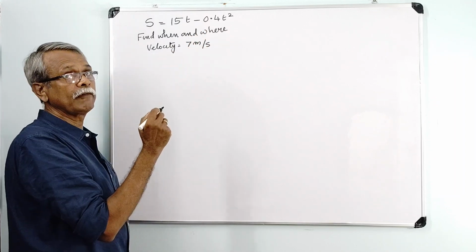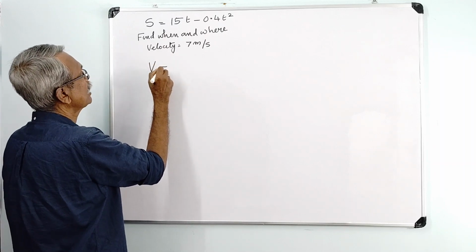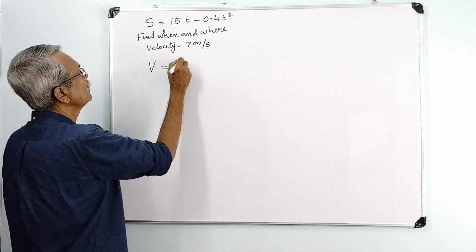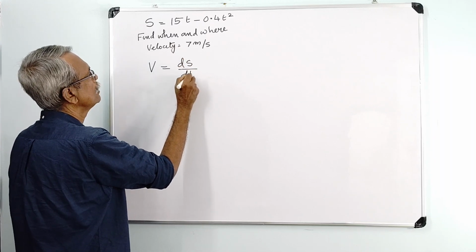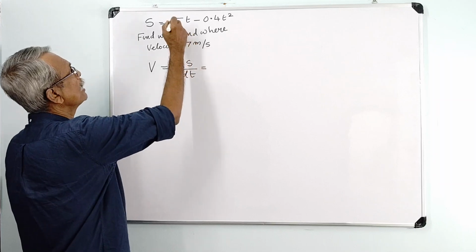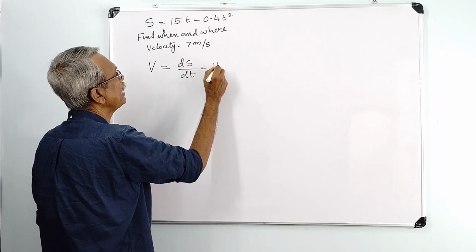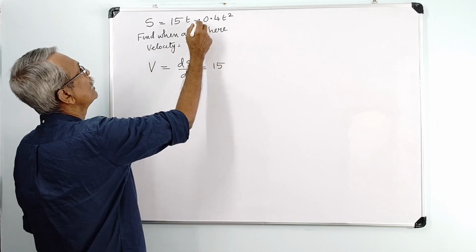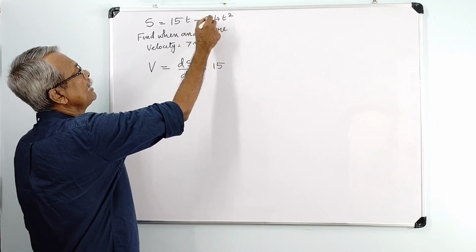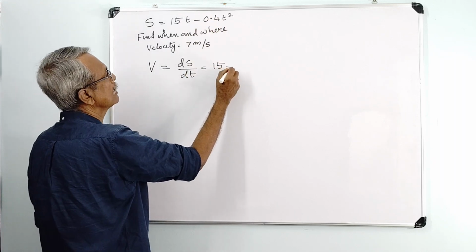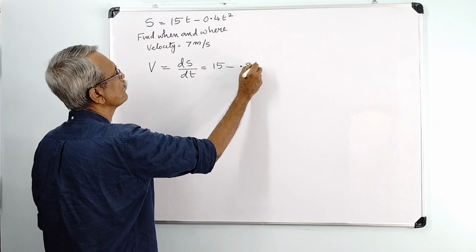So we have to work out the velocity, and the velocity as a function of time can be written as v is equal to ds by dt. We have to take the derivative of this. Derivative of 15t is 15 with respect to t, and derivative of t square is 2t, 0.4 is a constant, therefore minus 0.8 t.